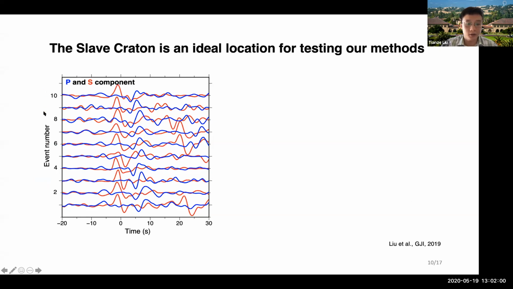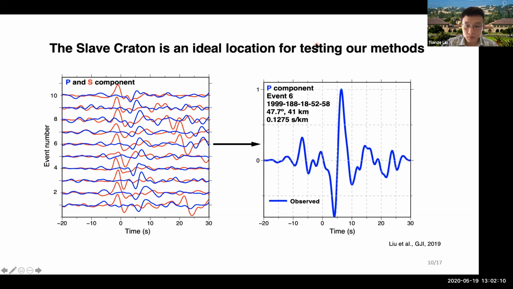And here are the events we use for our VDSS analysis, and they are sorted by increasing ray parameters. Again, we can clearly see a decrease of SsPmp arrival time, or T_VDSS, with increasing ray parameters. And we apply the waveform fitting procedure as described before to extract the arrival time and phase shift of SsPmp.